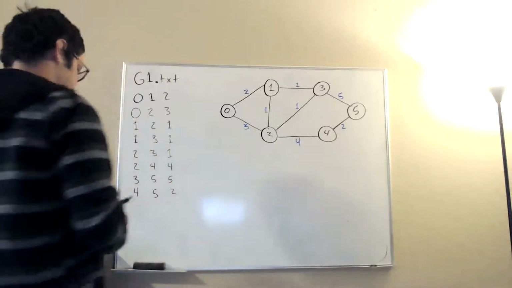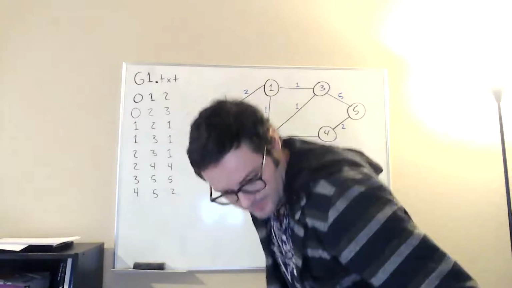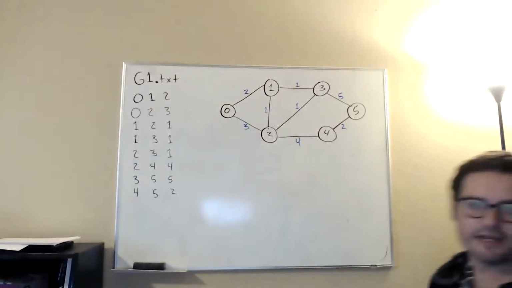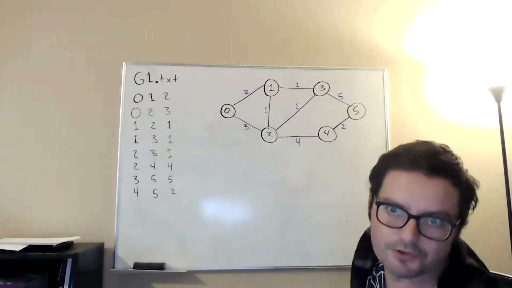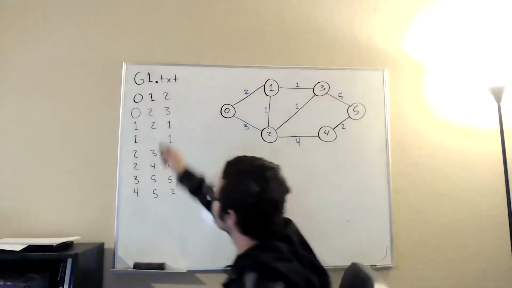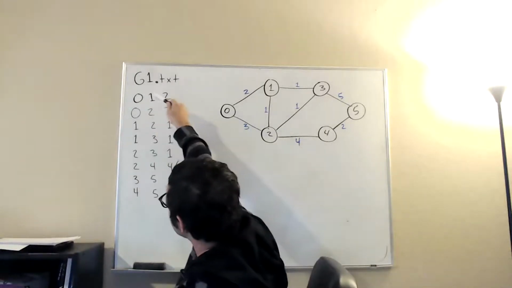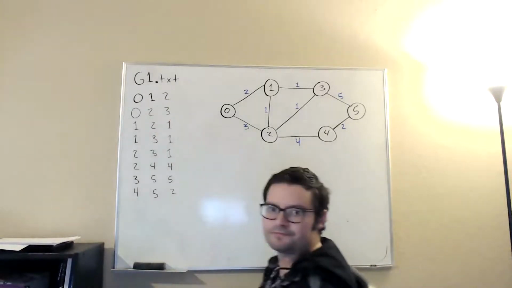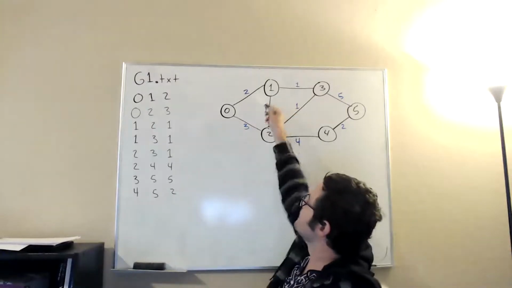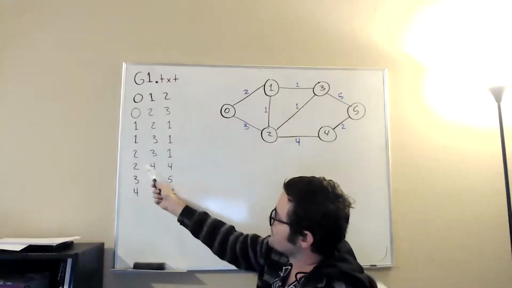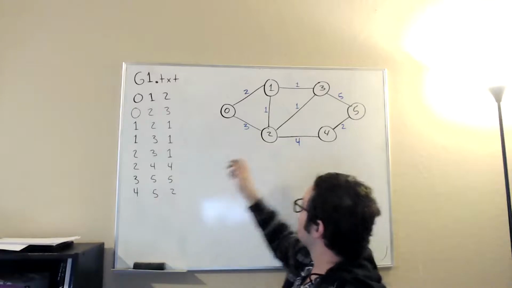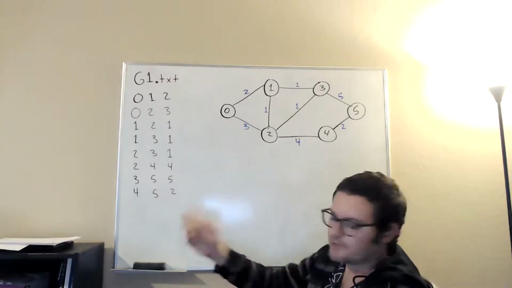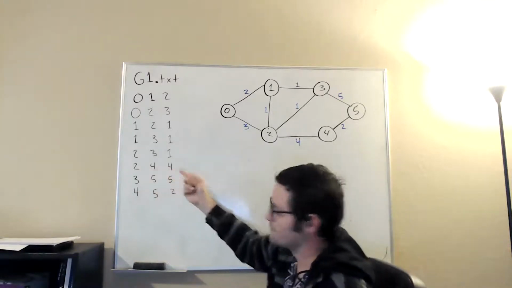Okay, so this is a list of all the edges in the graph together with their weights. So for example, node 0 goes to node 1 with weight 2. Node 2 goes to node 4 with weight 4. And this is an undirected graph, so 4 goes to 2 with weight 4 as well.